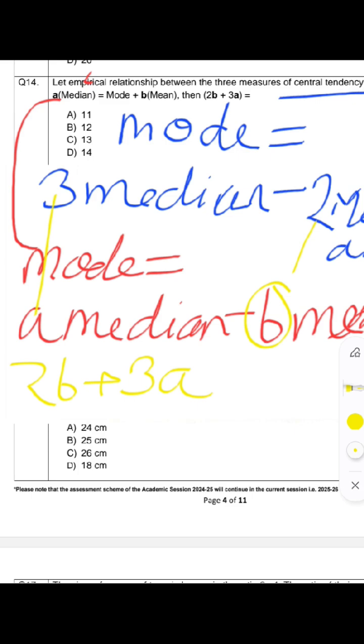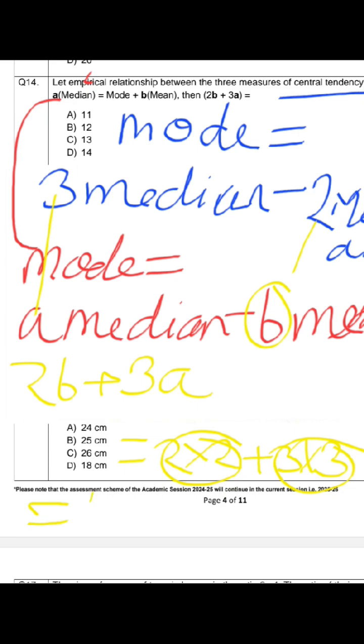So put these in this formula: what is the value of b? 2. So 2 multiplied by 2, plus 3, the value of a, multiplied by 3. So this is 9 and this is 4. So 9 plus 4 is 13. So the right answer is 13 here. Option number C is the right answer.